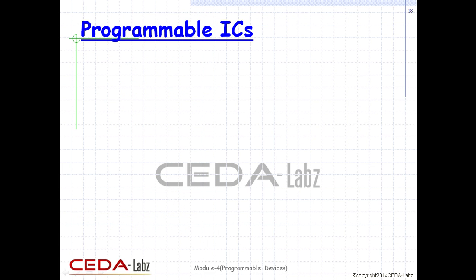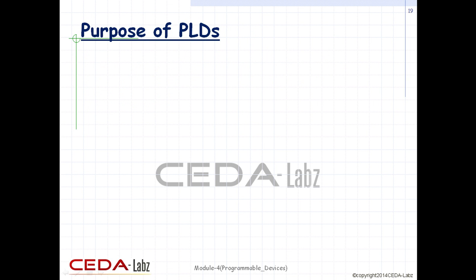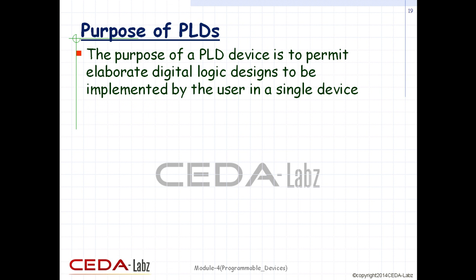Next type of ASIC category is programmable ICs. In this type of device, the configurable logic is connected by programmable interconnect. Normally, they are known as programmable logic devices, that is, PLDs. The main use of PLD is that the user can implement the digital logic in a single device.